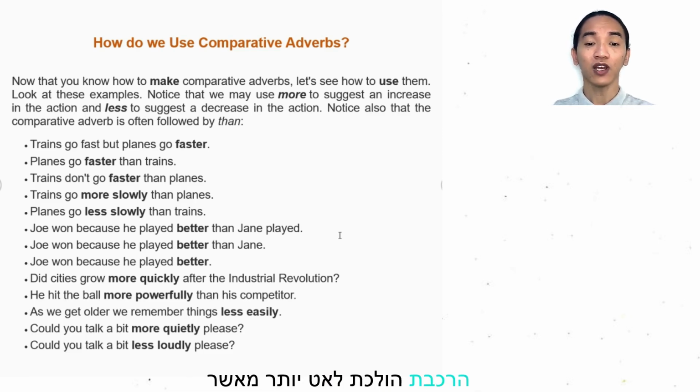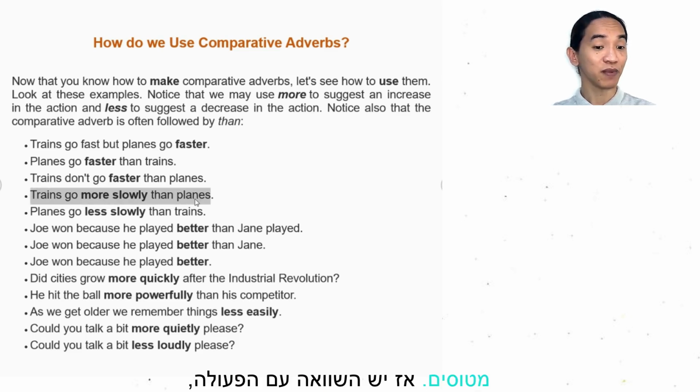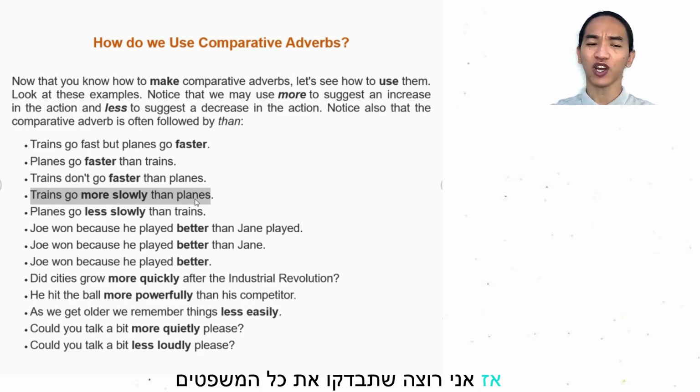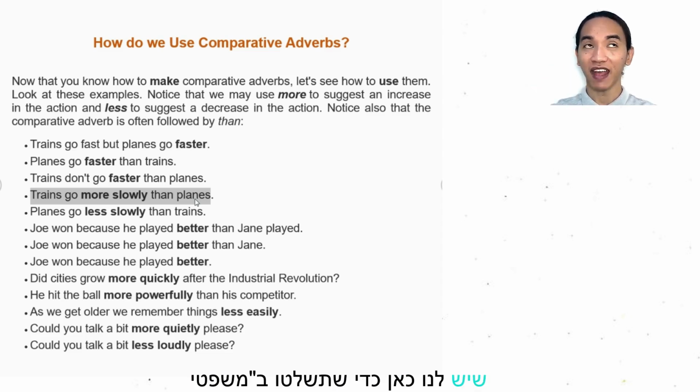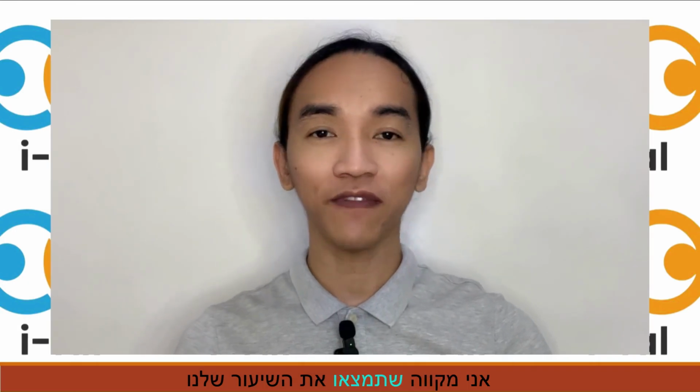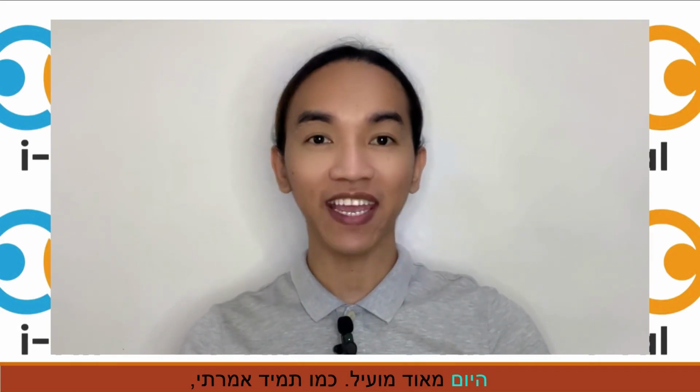Okay, example, trains go more slowly than planes. So there is comparison with the action, which is go. Okay, so I want you to please review all these sentences that we have here so you can master your comparative adverbs. Okay? So I hope you find our lesson today very helpful.